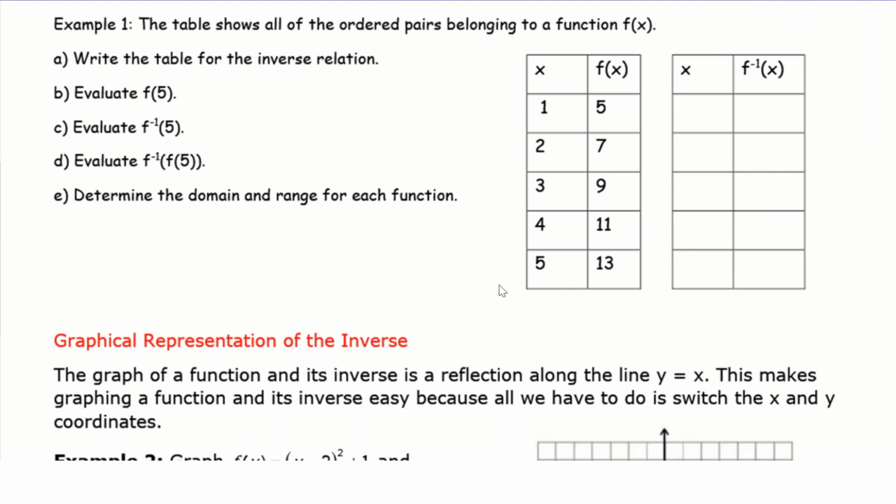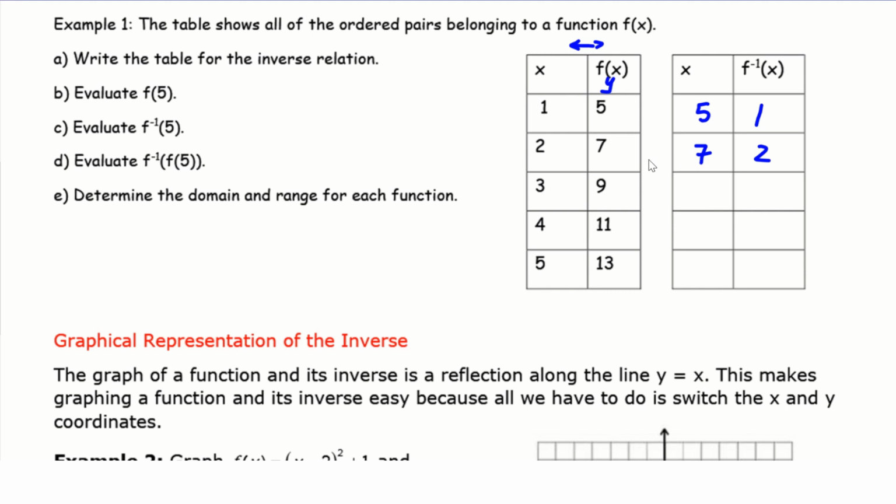The first one is table values given. This is the original function, x and this is y. For table values, if we want to find the inverse, we just switch the xy coordinates. So the first one, 1, 5 becomes 5, 1. And 2, 7, switching x and y, is 7, 2. So input becomes output, output becomes input.